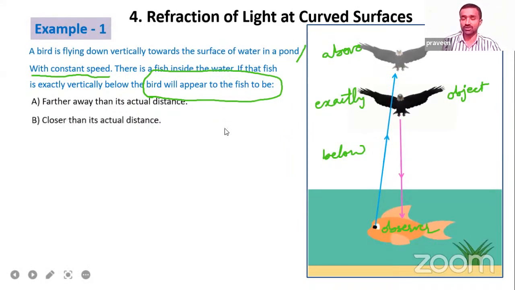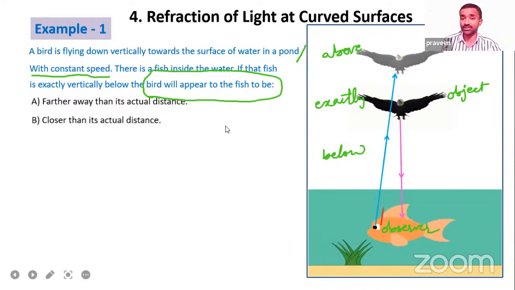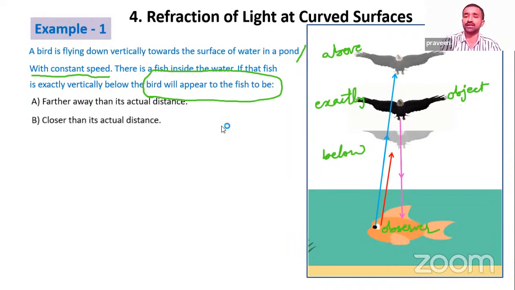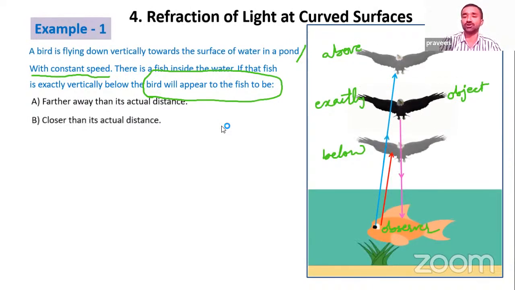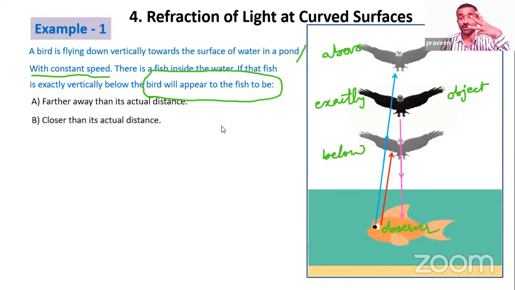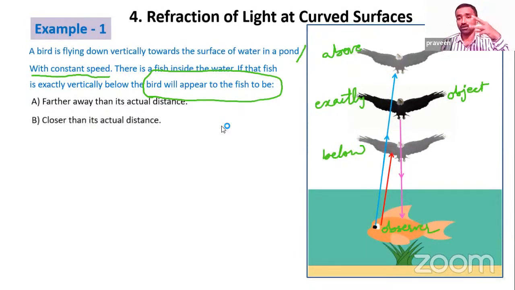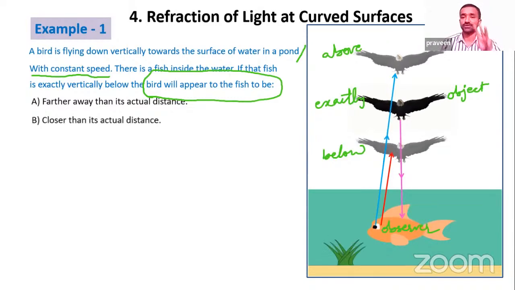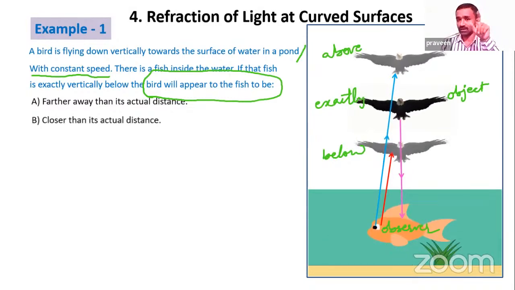If it is closer, the bird will appear to the fish below the actual position. So the 3 possibilities are exactly, above (far), or below (closer).